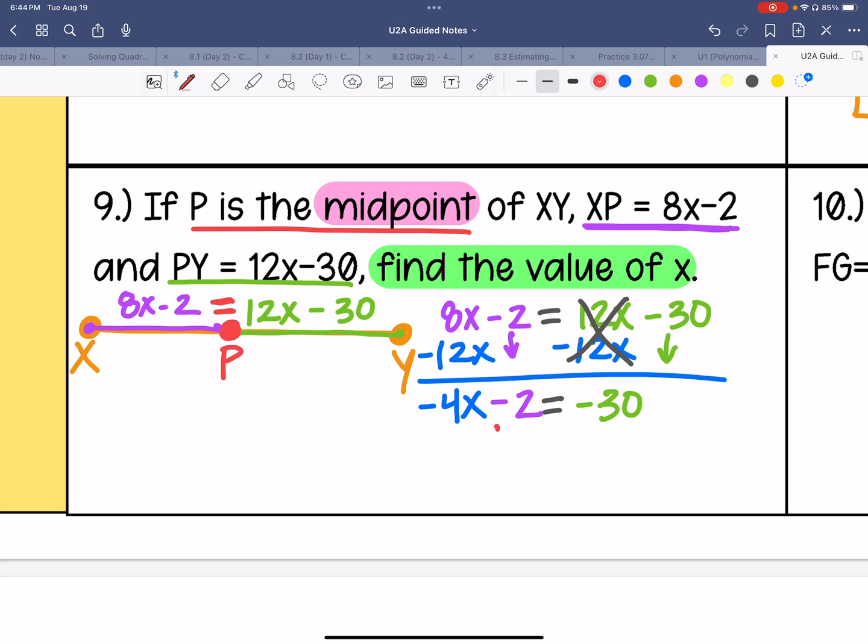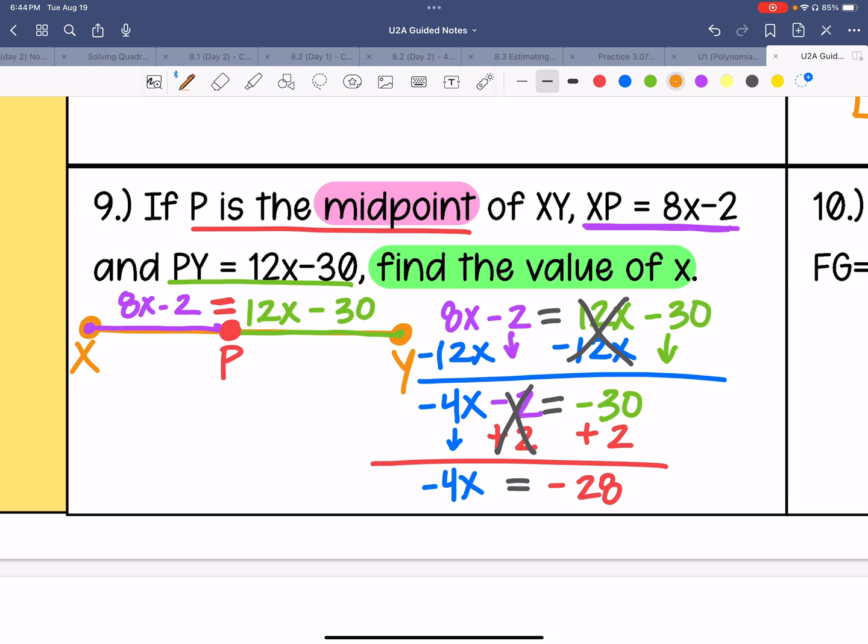So we are going to add 2, and whatever we do to the left, we have to do to the right. Now this time we didn't do anything with that negative 4x, so it will come down. Negative 2 plus 2 is 0. Bring down our equal sign. Negative 30 plus 2 is going to give me a negative, watch our signs, 28.